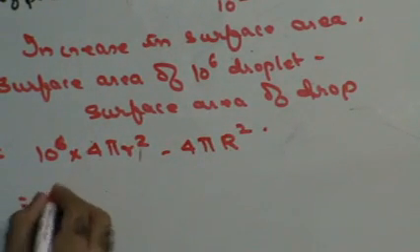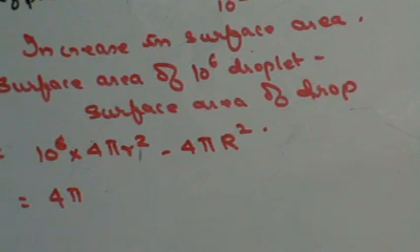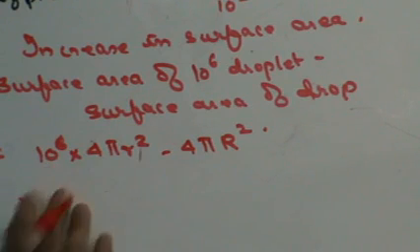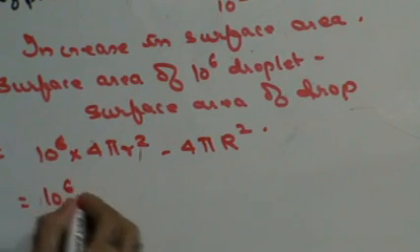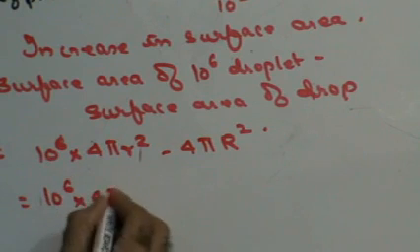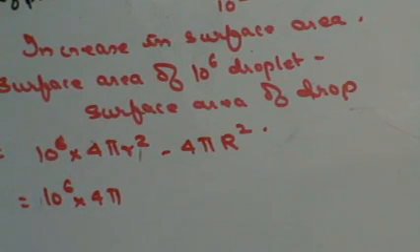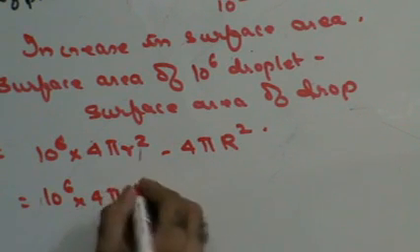So this is going to be 4 pi common. Small r is nothing but capital R divided by 100.